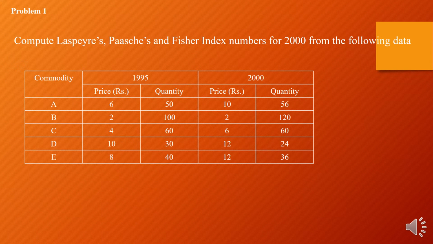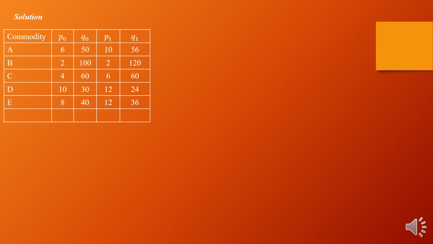Price of current year is 10, 2, 6, 12 and 12. Quantity of current year is 56, 120, 60, 24 and 36. With this information we are supposed to find out the three index numbers: Laspeyres, Paasche and Fisher index number. I have shown you the table as it is.